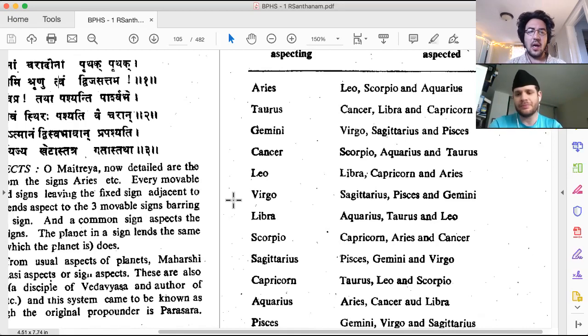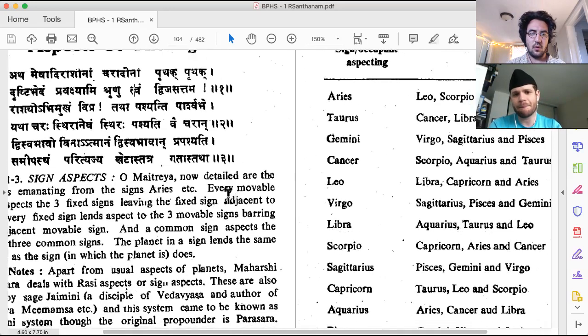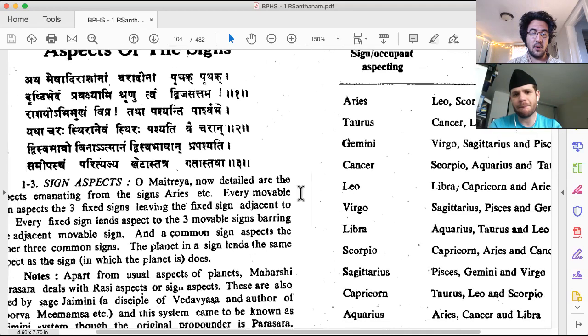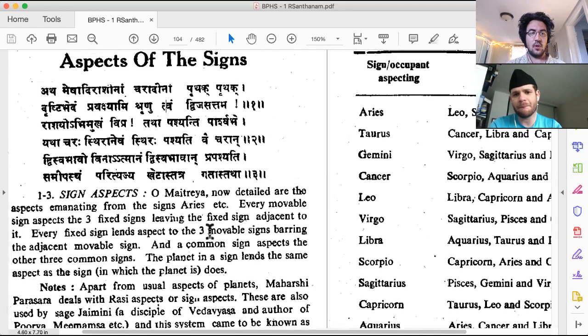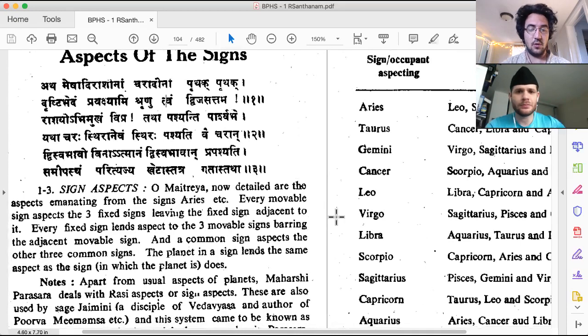Yeah. So it's curious here, for those who are watching this and don't know, he's talking about Rashi Drishti, which is given in the Jaimini Sutras. It's the idea that all cardinal signs aspect all fixed signs except the one adjacent, and vice versa for fixed signs aspecting cardinals except the one adjacent, meaning second from it or 12th from it.